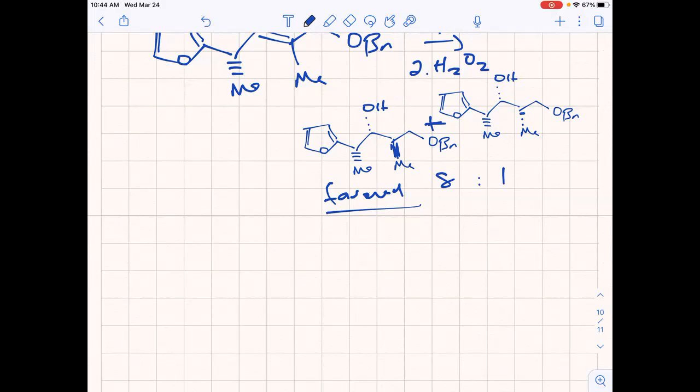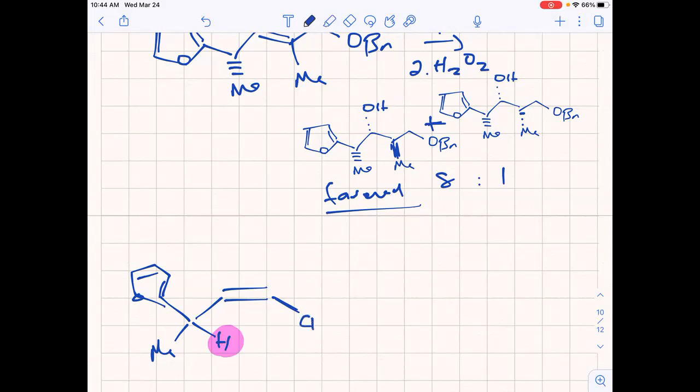In the favored conformation, let me just write that as a methyl. This is your favored conformation.